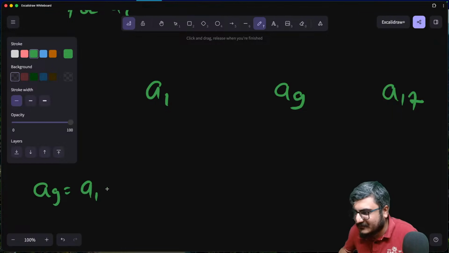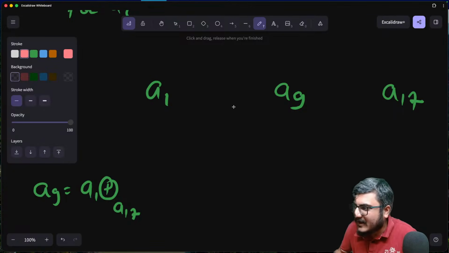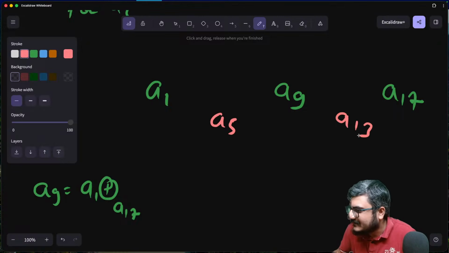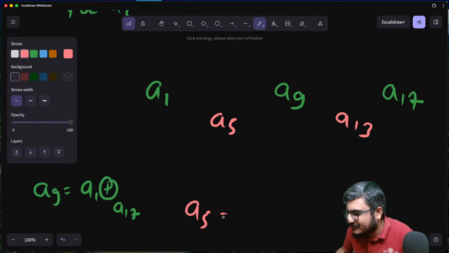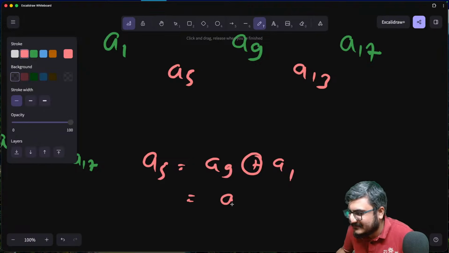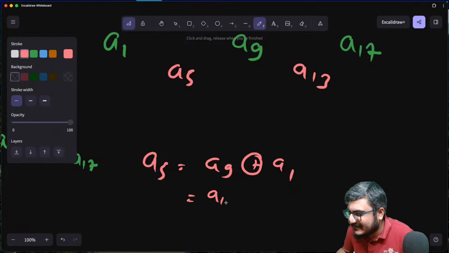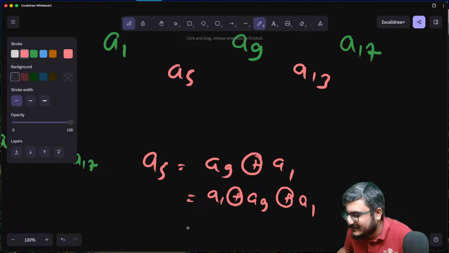A9 is actually XOR of A1 and A17. Now I would have A5 here and A13 here. A5 would be XOR of A9 and A1. And if I put the value of A9 over here, then this will become A17.